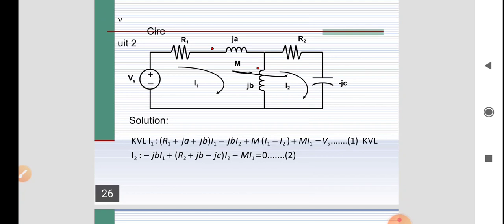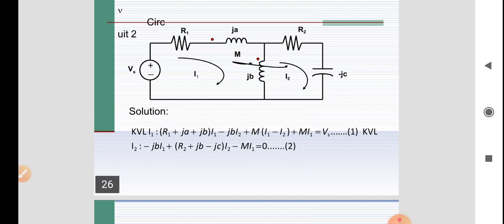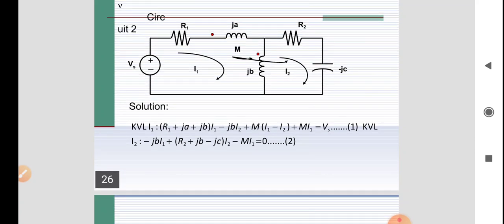Similarly, now if you see here, it also consists of two loops. One is loop 1 with I1 current, the second is loop 2 with I2 current. In loop 1, we have a voltage source Vs, so the complete equation should be equal to Vs. The elements present in loop 1 are R1, jA and jB.